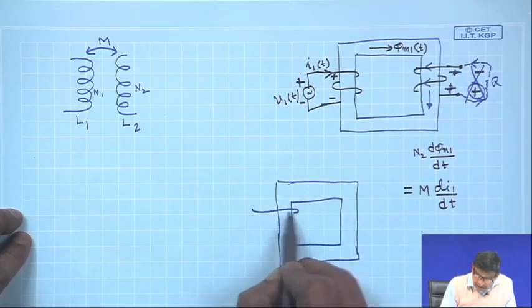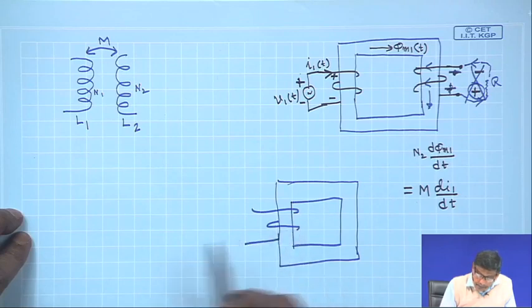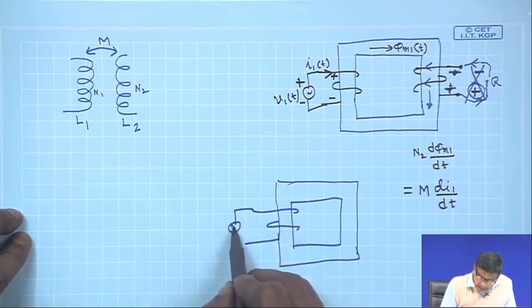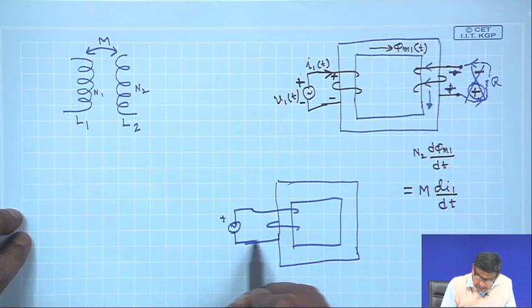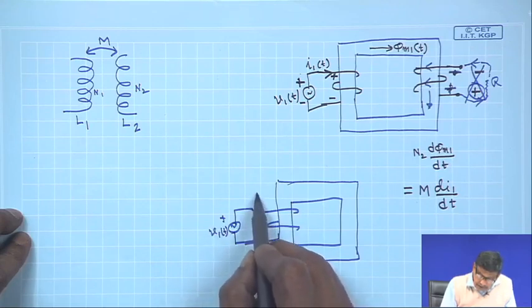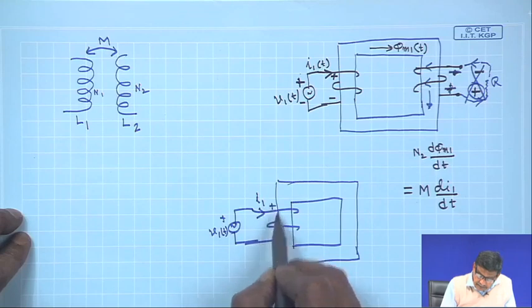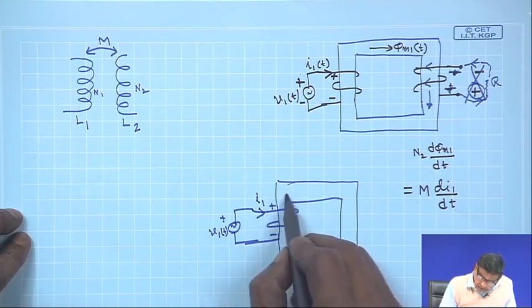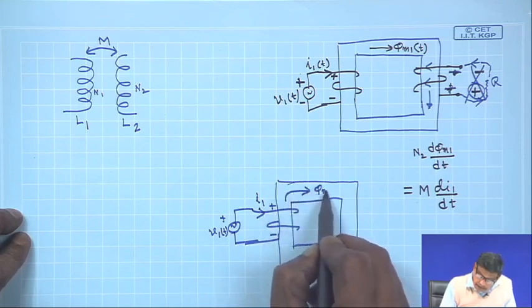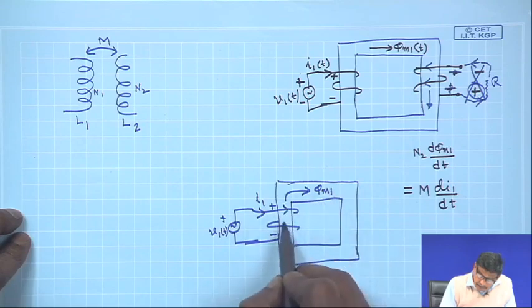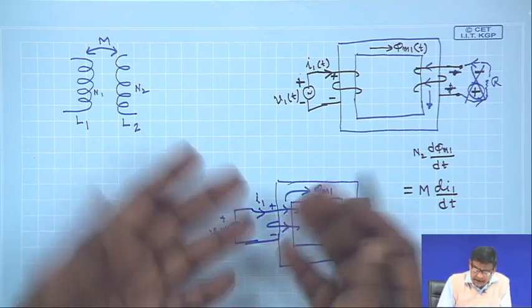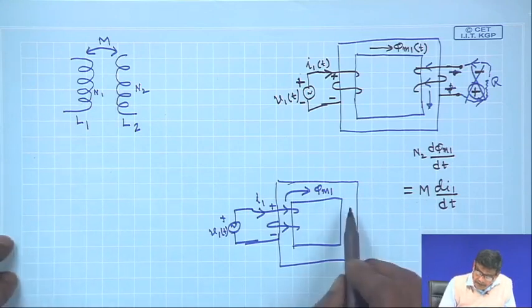So, what is the thing assumed? Here this is the primary coil, here you have connected a voltage, at that instant this is the voltage V 1 t and this is I 1 t, and I 1 t is increasing, plus minus. So, that phi m 1 created by it has its polarity and direction known, and the second coil is like this.